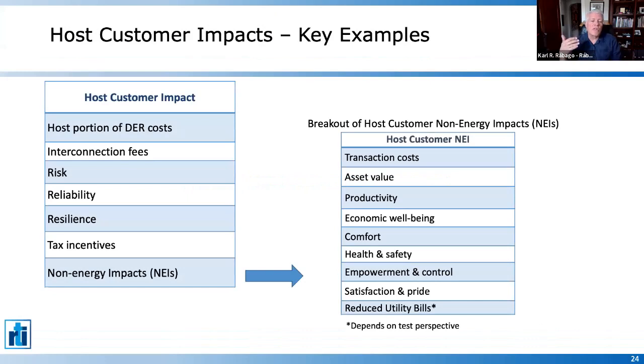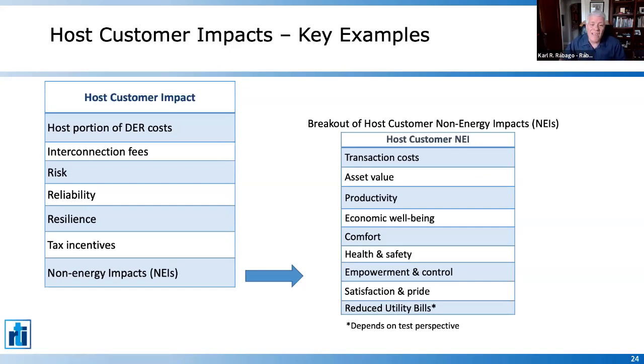Hosts care about how much they have to pay, whether they're responsible for any of the interconnection costs, whether this changes their energy bill in any way, whether it yields them tax incentives. And there's an even bigger list of non-energy impacts that are associated with how host customers approach distributed energy resources.